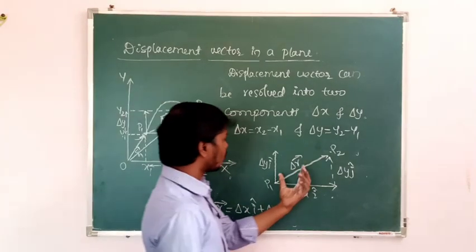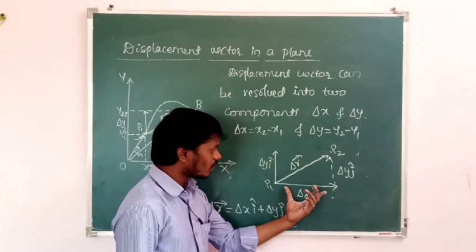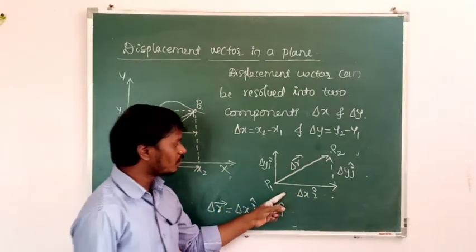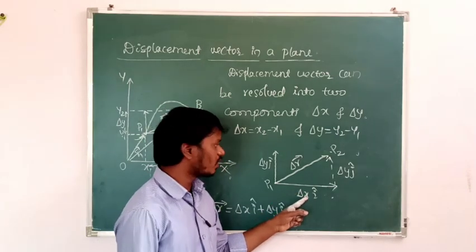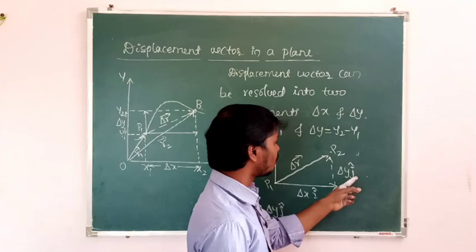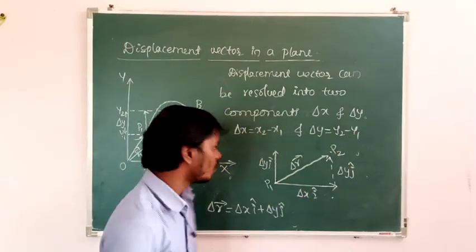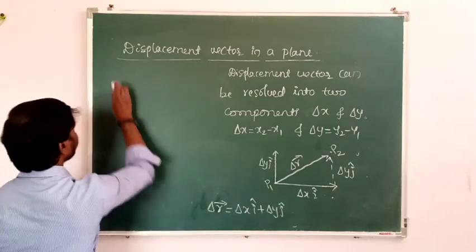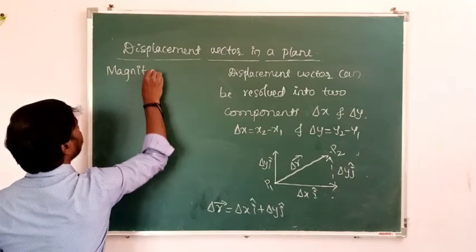So the magnitude of displacement is equal to the square root of the square of the magnitude of displacement along the x-axis plus the square of the magnitude of displacement along the y-axis. See here, the magnitude of the displacement vector.